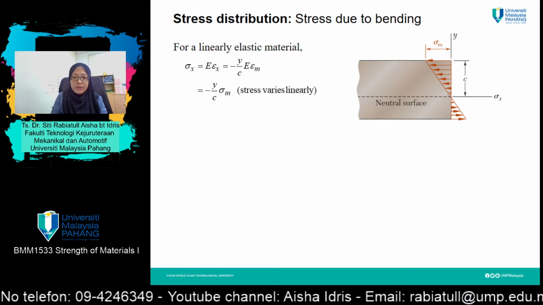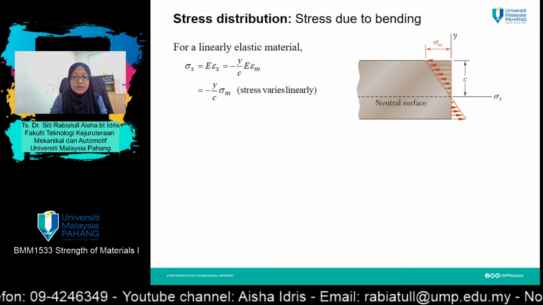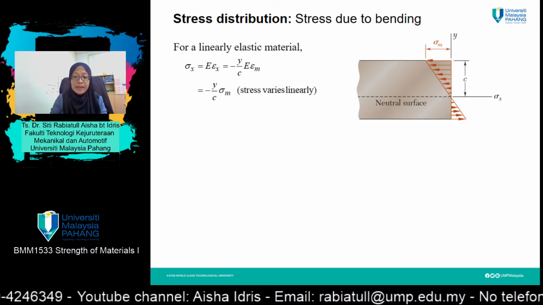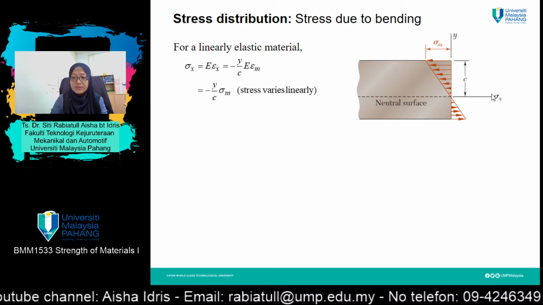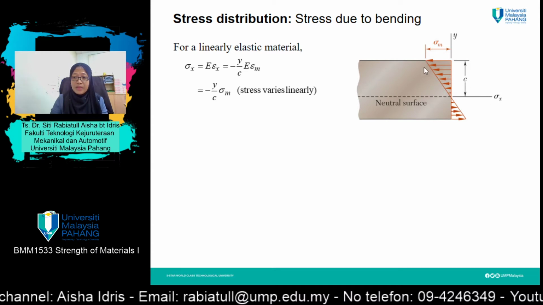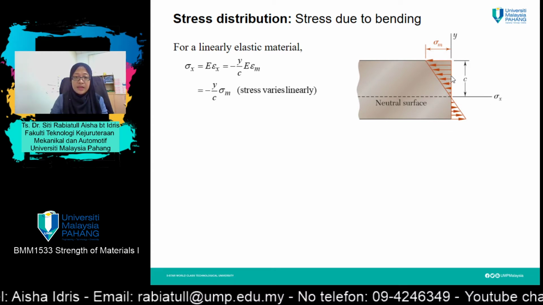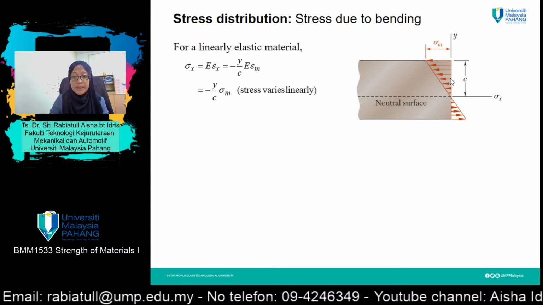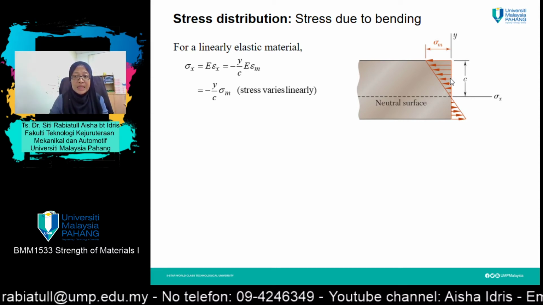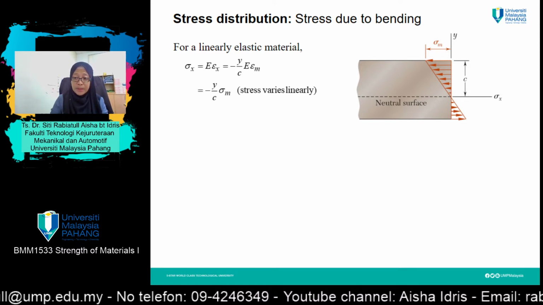Other than that, we are going to look at stress distribution, stress due to bending. If you look here, this is the neutral axis line, and this is the stress distribution that happens to the members when a bending is applied.